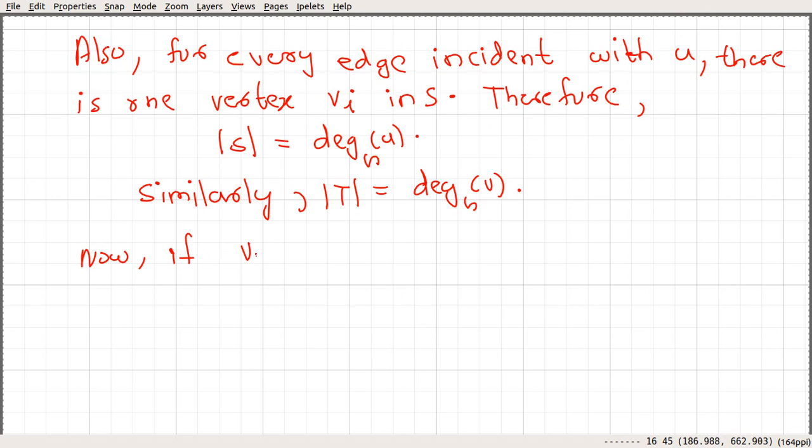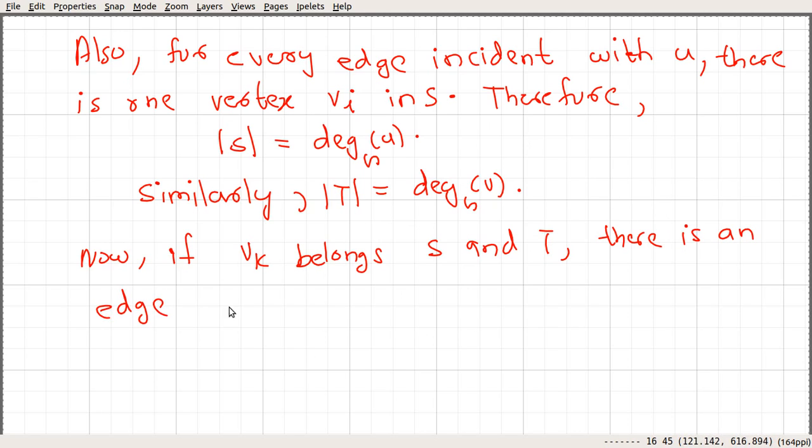Now, if a particular vertex say Vk belongs to S and T, let's see what is going to happen. Then there is an edge, let's call that edge E, joining U and Vk plus 1.